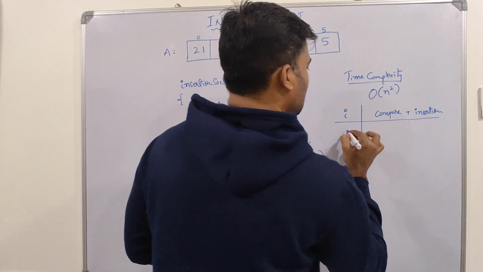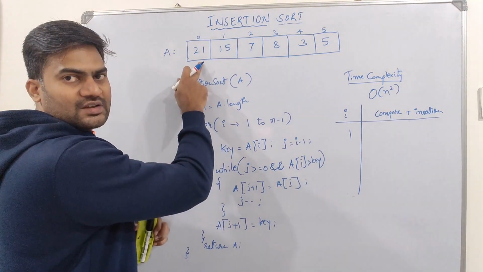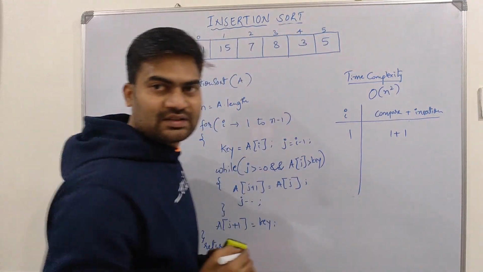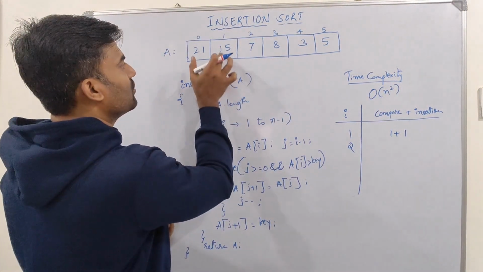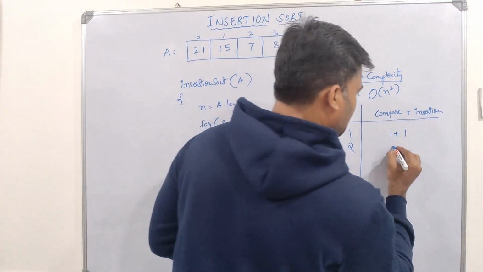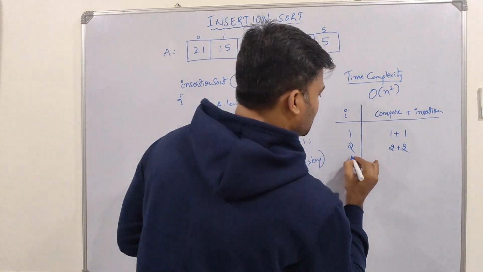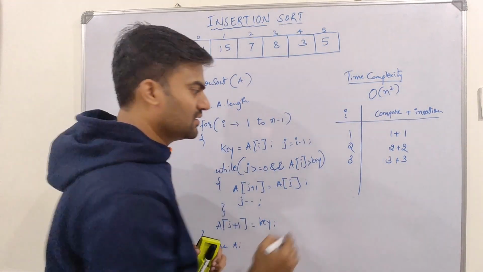Okay, so when i was 1, we did one comparison and at most one insertion, so 1 plus 1. When i was 2, we did two comparisons and two insertions in the worst case, and when i was 3, we did 3 compares and 3 insertions.